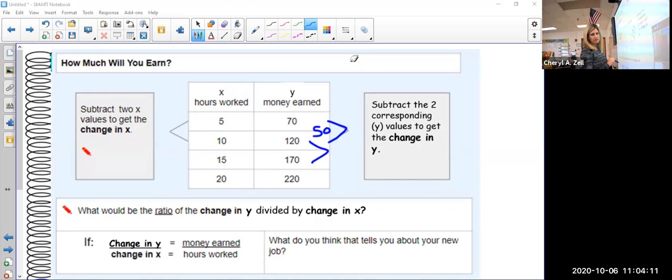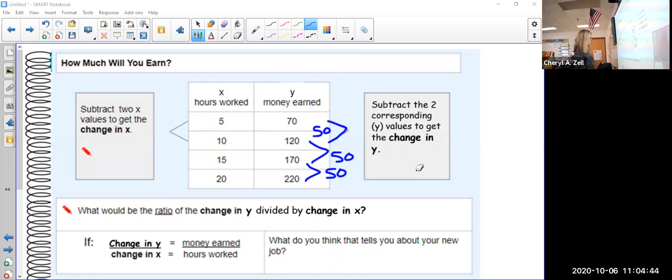So 170 minus 120. Do you get 50 again? How about 220 minus 170? Do you get 50? Okay. So that is the change in y. So 50 is the change in y.